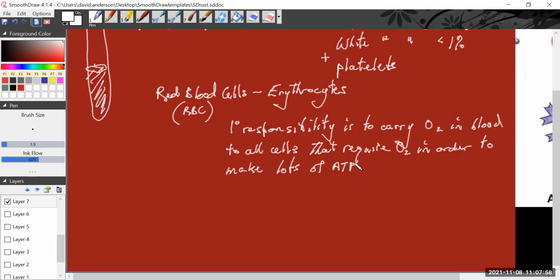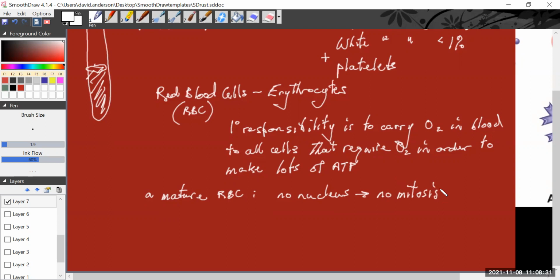So in order for this cell to be good at delivering lots of oxygen, it becomes very specialized. A mature red blood cell is described as having no nucleus. If it has no nucleus, it cannot undergo mitosis.